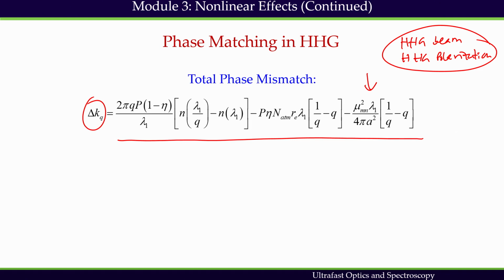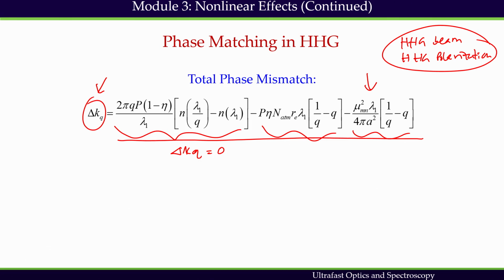The phase matching of HHG can be achieved. That is, we can have the condition delta K equals 0 by balancing the various parameters given in this equation. In this equation, there are parameters which look positive and parameters which look negative. So we can balance them, positive against negative, in such a way that in the end this delta K can be 0.